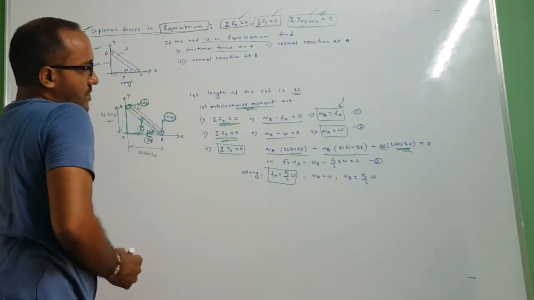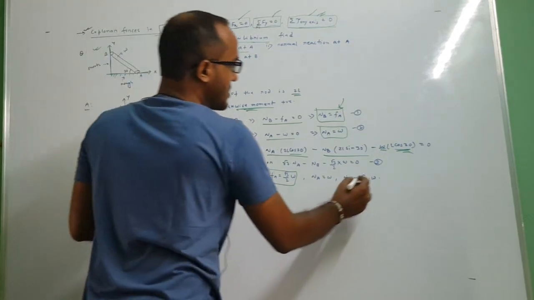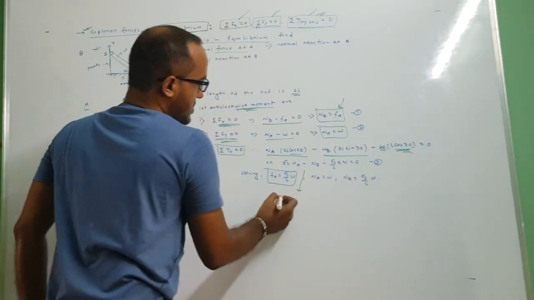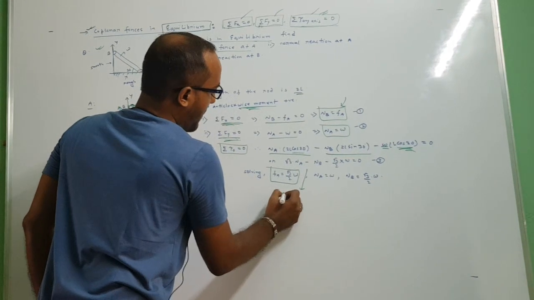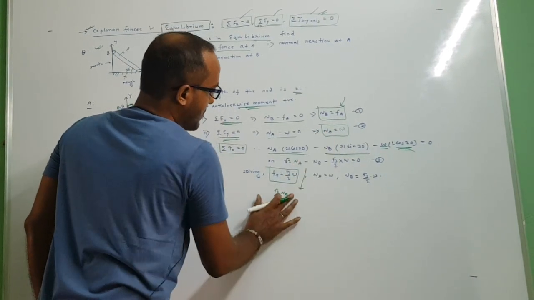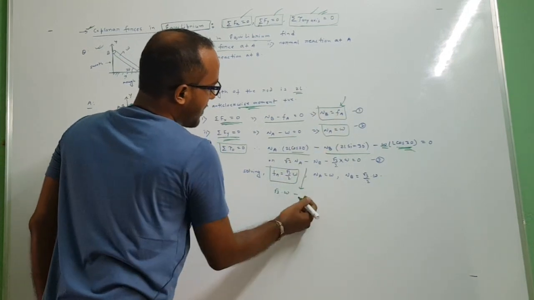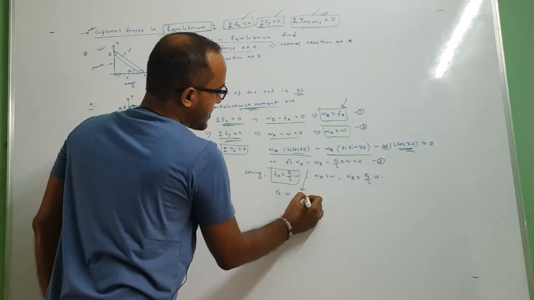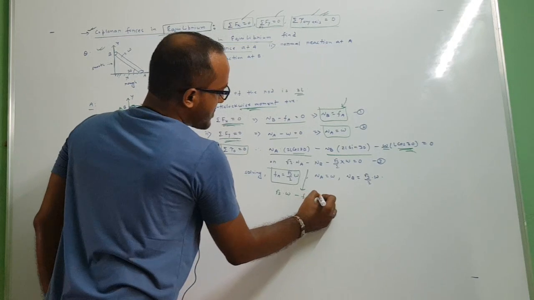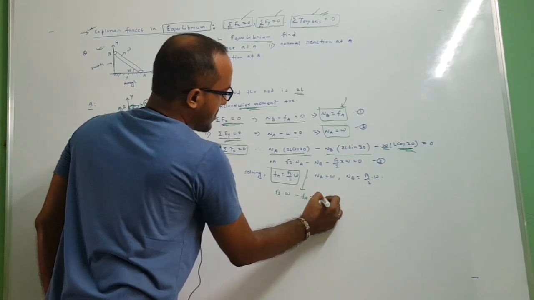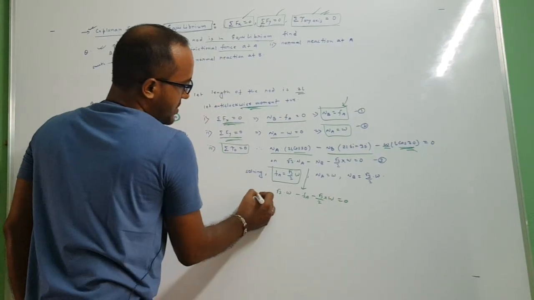Then we have to find out. Okay, let us see how to solve this. This is root 3 NA, and NA is W. So root 3 W minus NB, NB is FA. FA minus root 3 by 2 W equals 0.